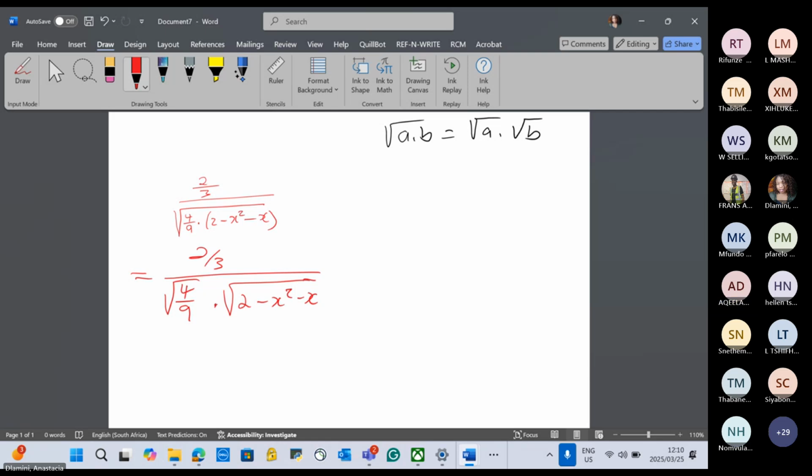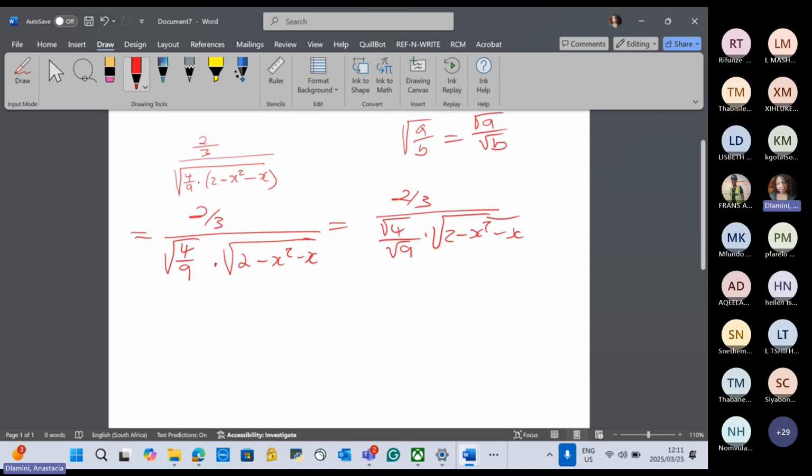Okay. Do we all agree that the square root of a over b is the same as the square root of a over the square root of b? So it means that I can write 2 over 3 over the square root of 4 over the square root of 9 times the square root of 2 minus x squared minus x.